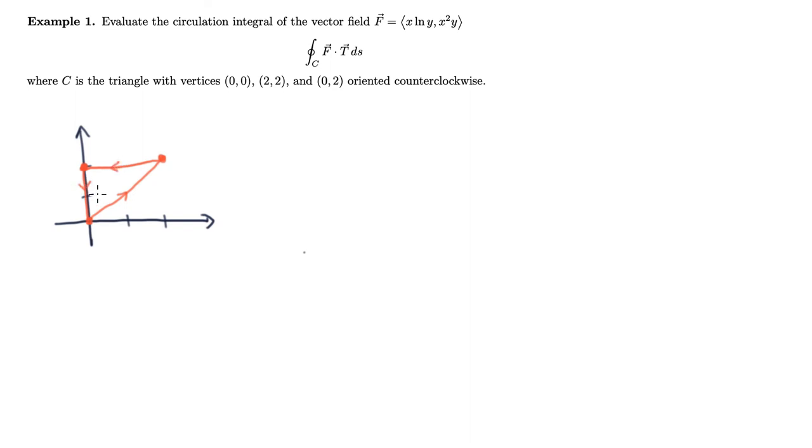Okay, and now this is actually very doable. We could break this up into 3 line integrals and add up the contribution along each one, and that would give us the total circulation, but it would require doing 3 integrals.